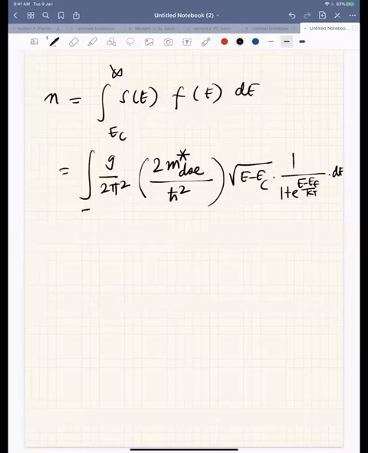Now this is from EC to infinity, because EC top is replaced by infinity here, so it is easily solvable mathematics, right?